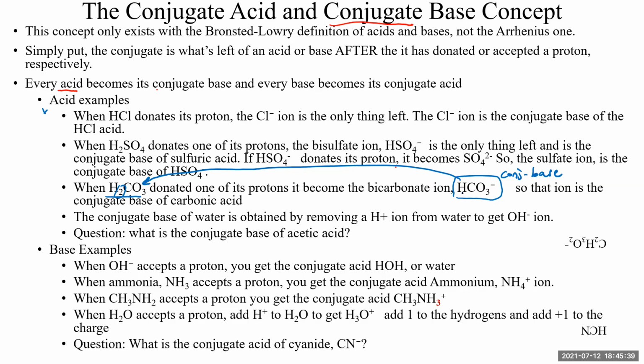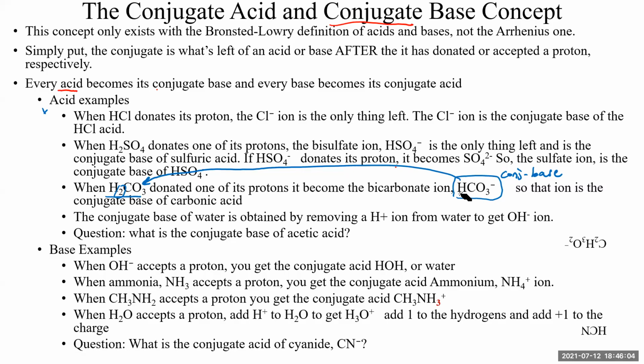I say bi just because it's a lot easier than saying hydrogen. Hydrogen carbonate and bicarbonate are the same thing. Hydrogen sulfate and bisulfate are the same ion. Just remember that the prefix bi is just another way of saying hydrogen, only when you're talking about ions.